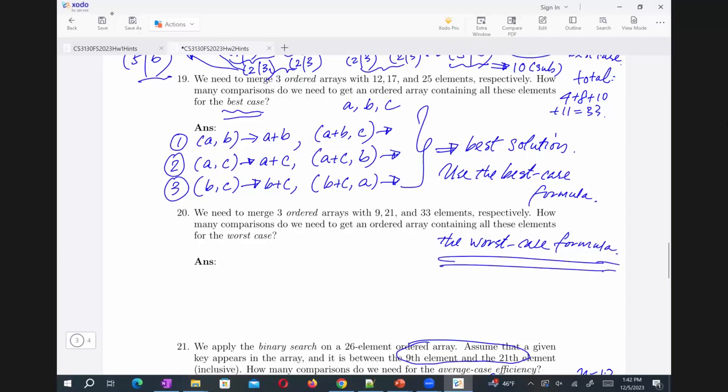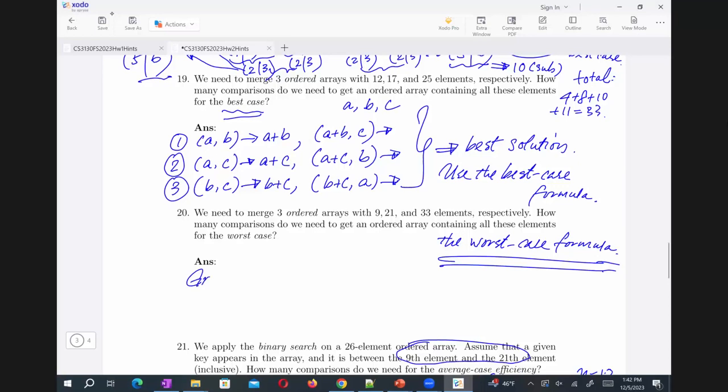But after you finish these two questions, you want to see for which one of them the greedy algorithm will give you the correct answer. We talked about greedy algorithm before, right?